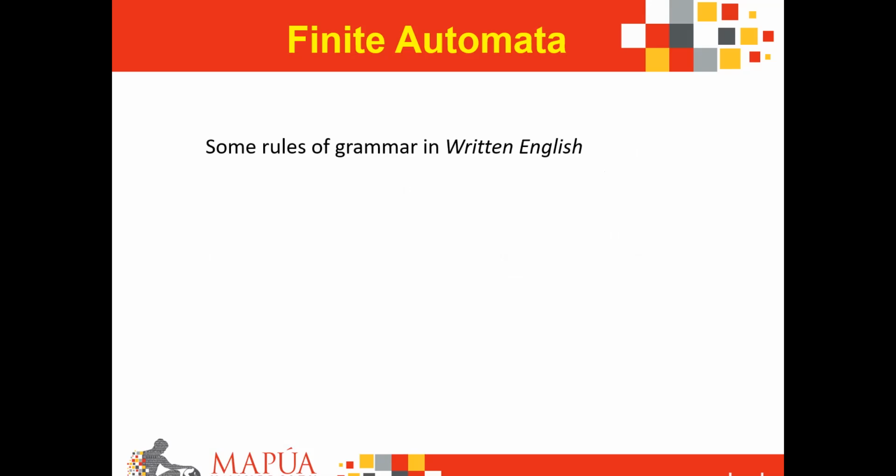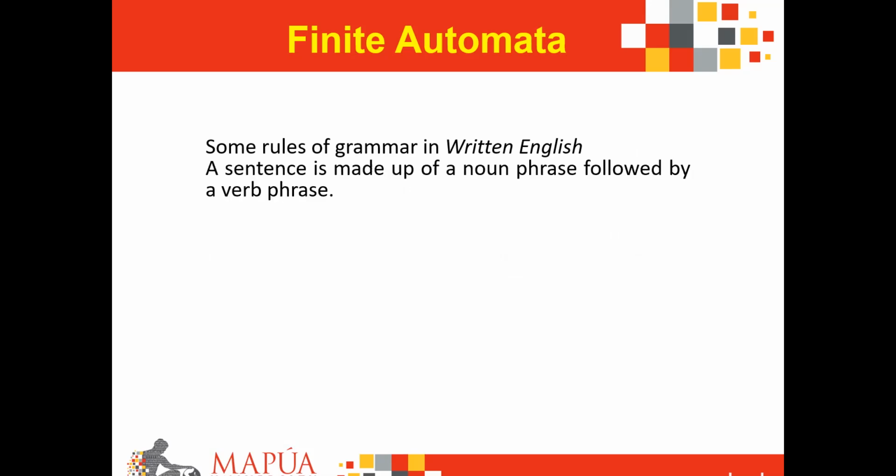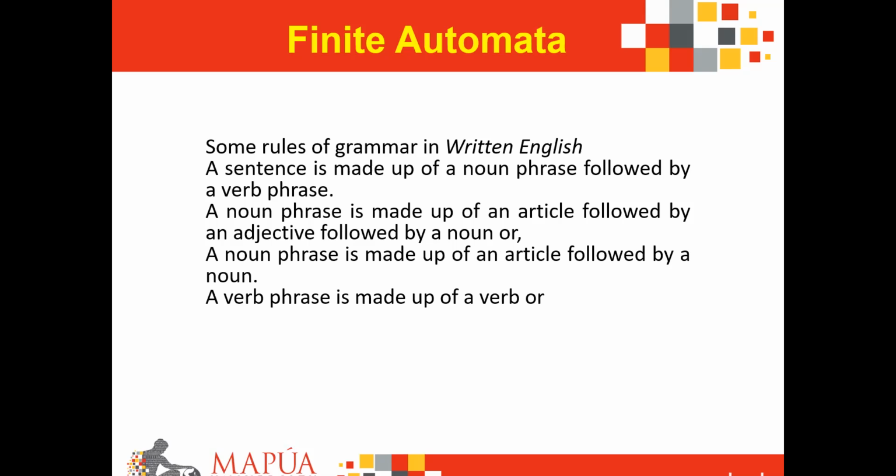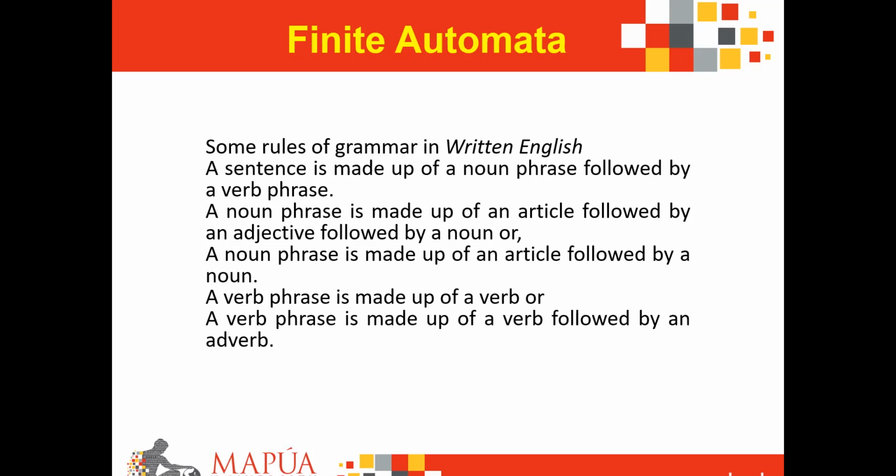Since modeling computation similarly follows the rules of the English language, here are some of the corresponding rules of grammar in the English language. So you have a sentence that's made up of a noun phrase followed by a verb phrase, or a noun phrase that is made up of an article followed by an adjective followed by a noun, or a noun phrase made up of an article followed by a noun, or a verb phrase that is made up of a verb, or a verb phrase that is made up of a verb followed by an adverb.